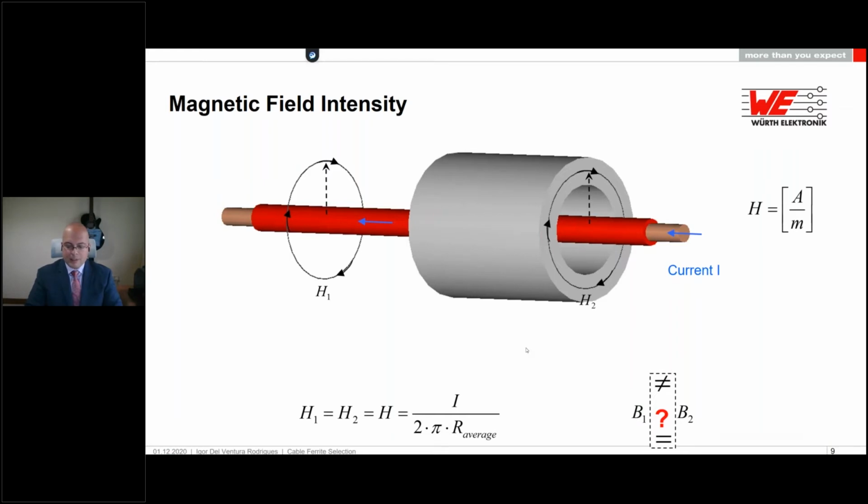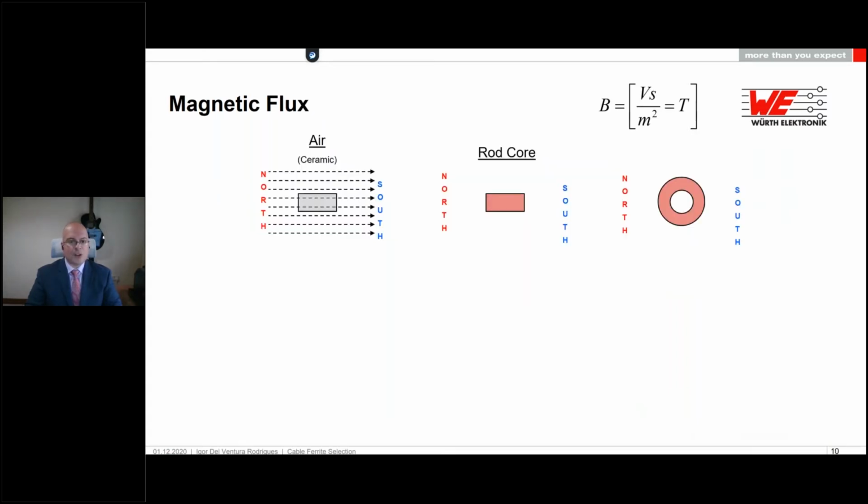Nevertheless, we have something that we describe as B, which is the magnetic flux density, and B will be different inside or outside your ferromagnetic material. Okay, because the ferromagnetic materials will concentrate the magnetic field lines, as we can see on the top of your screen right now.